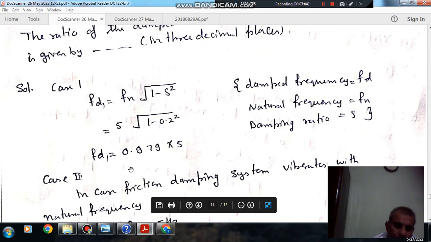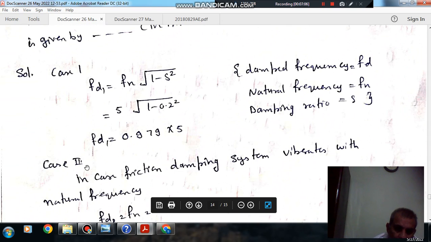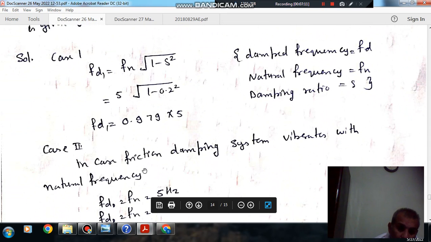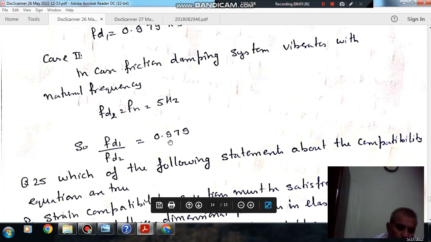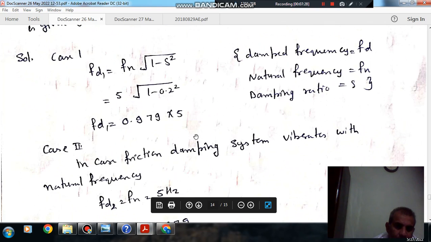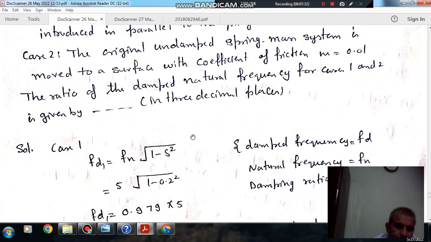In the second case, as this is the case of Coulomb damping, the coefficient of friction is given, but the damped frequency and natural frequency are the same in case of Coulomb friction. So that is 5 Hz. So the ratio of FD1 to FD2 is 0.979. Yes, the answer is 0.979.